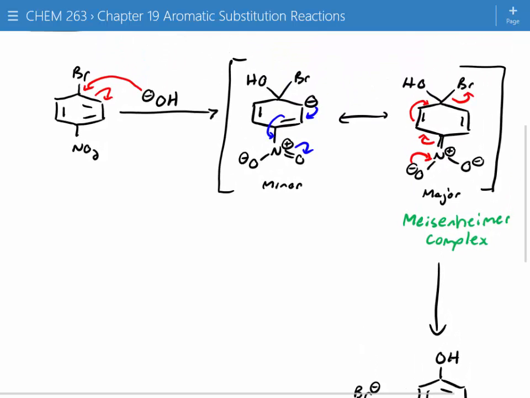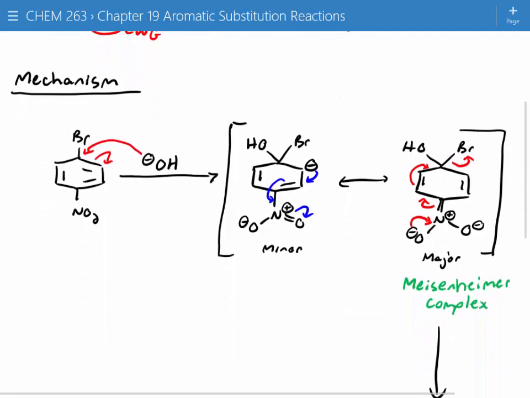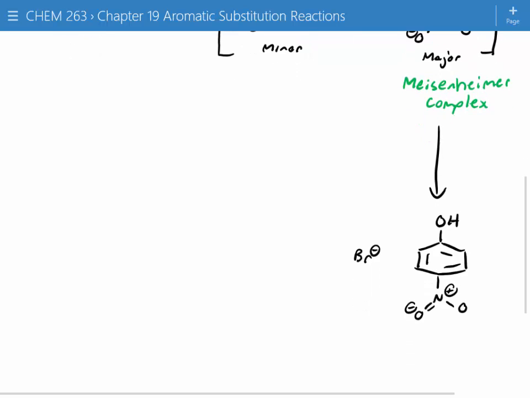So the question is, if we go back to the overall reaction, what's the deal with the hydronium in that last step? So you see step 2 on my example? Yeah, so the other interesting problem with this reaction is you really have to push it because we're breaking aromaticity.